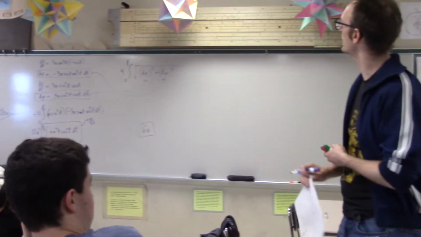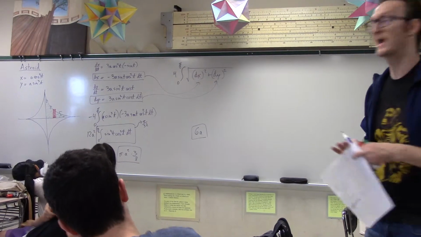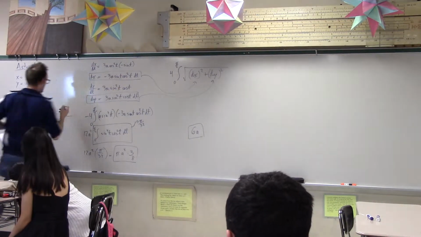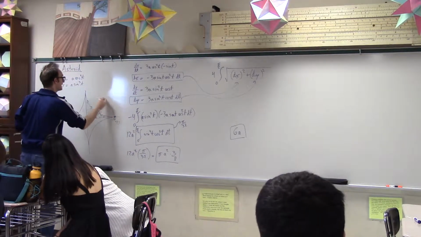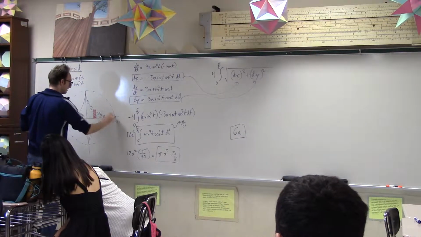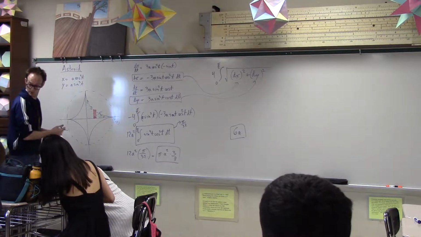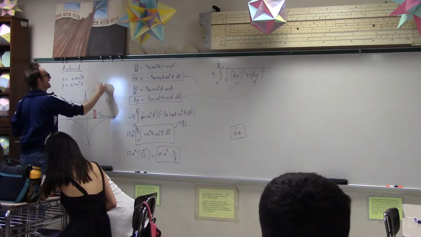Does that make sense? Yes, it does. And by the way, what is the arc length of the circle, if this is the point a comma 0? What is the arc length of this corresponding blue circle? 2 pi a. So this is 2a pi.